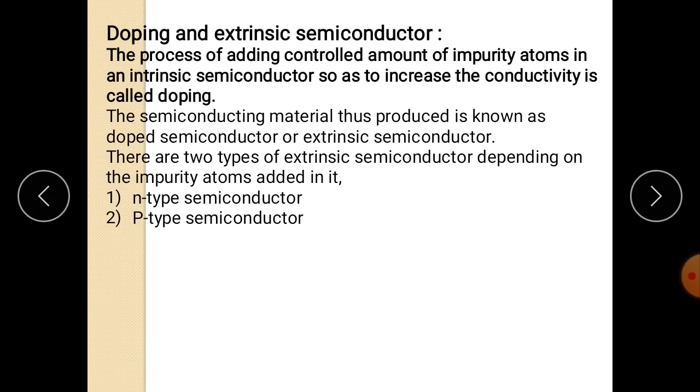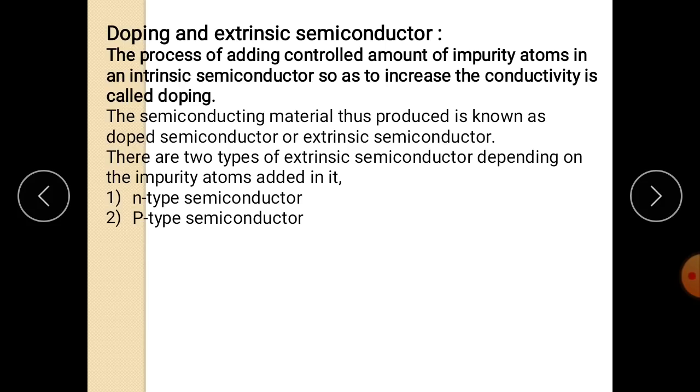As we know, in an intrinsic semiconductor at absolute zero temperature, the semiconductor acts as an insulator. But as temperature increases, the forbidden energy gap decreases somewhat, and some of the valence electrons acquire thermal energy and get excited, moving towards the conduction band. But only a few electrons can get excited and become free for electric conduction.